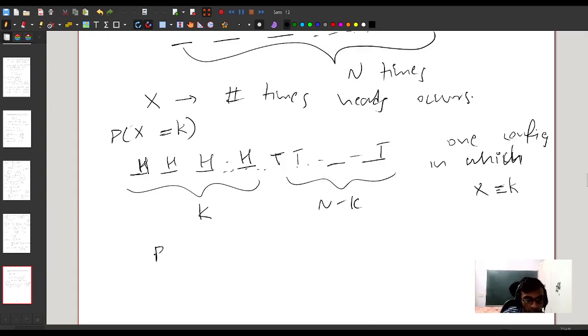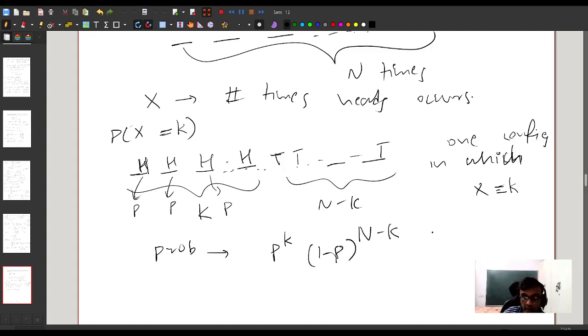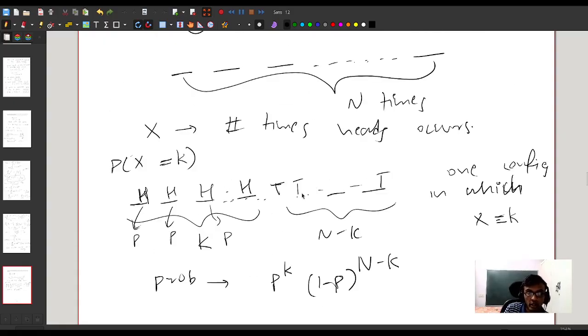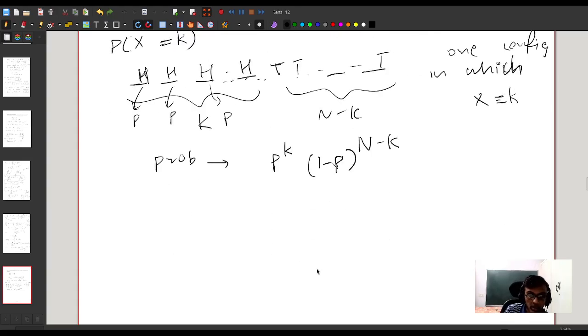So the probability of each of these is independent. So these are independent events. The probability of this one particular configuration is p to the k times (1 minus p) whole to the n minus k. But of course there are many more configurations in which the random variable x is equal to k.